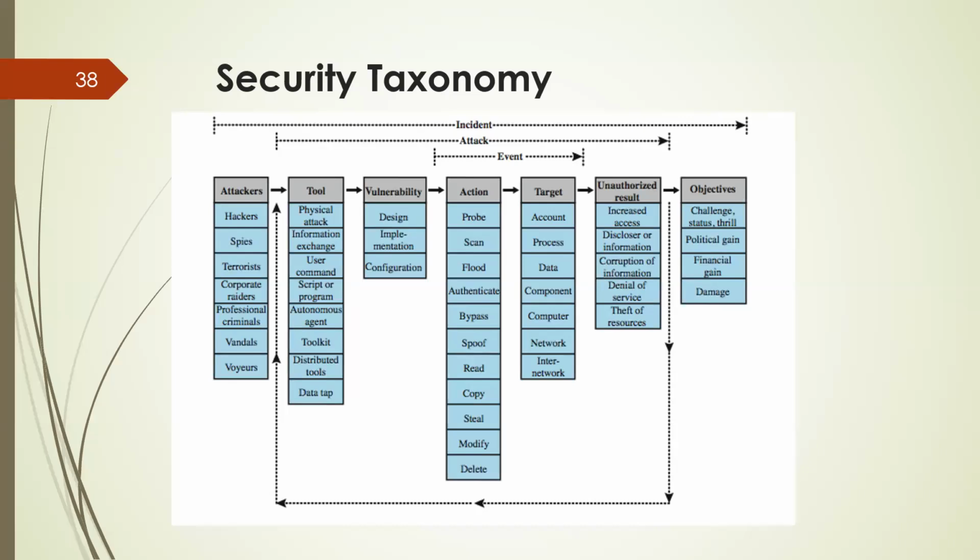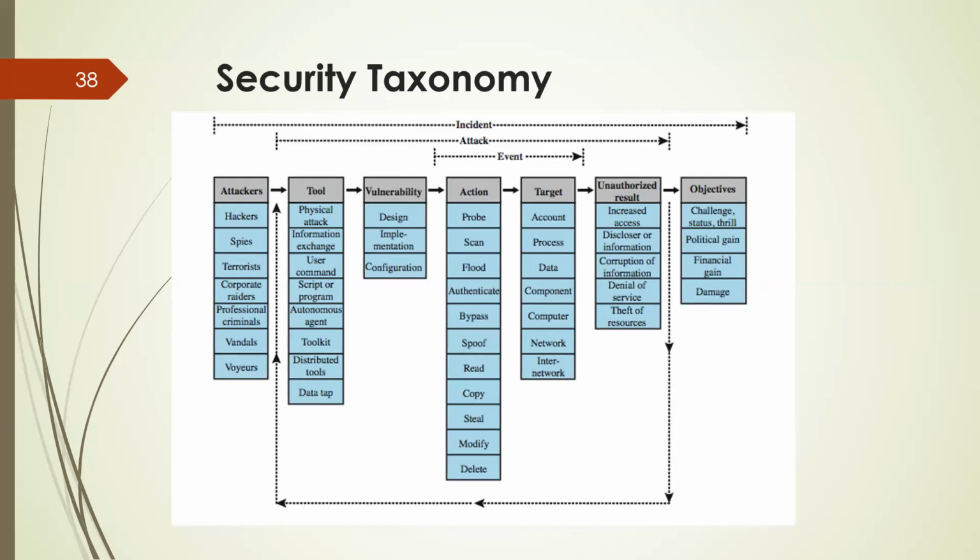These can come at all levels: the design level, implementation, or configuration. The actions carried out are equally many. They can probe, scan, flood, authenticate, bypass, spoof, read, copy, write, steal, modify, and delete. There are so many actions that you can choose to carry out.